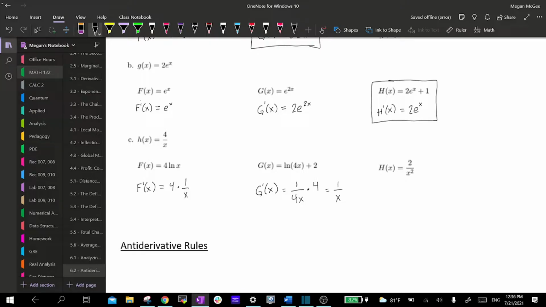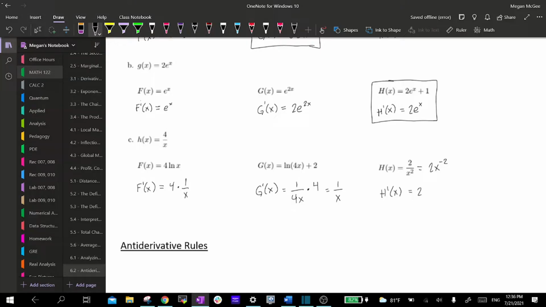Okay. And finally, we have h prime of x. Well, first of all, I'm going to go ahead and rewrite this as 2 times x to the negative 2. I just don't want to have to use the quotient rule here, so I'm just going to move it up and then use a power rule.